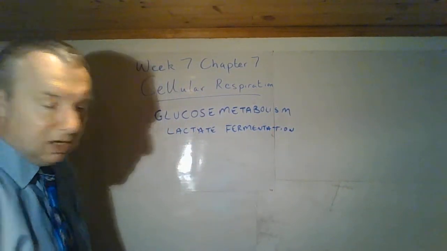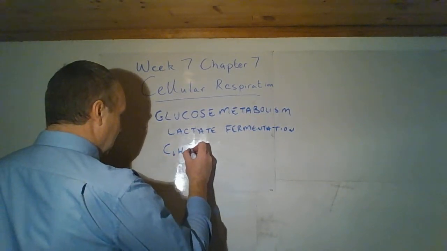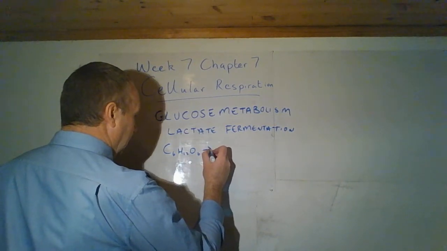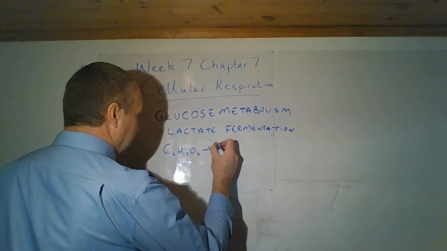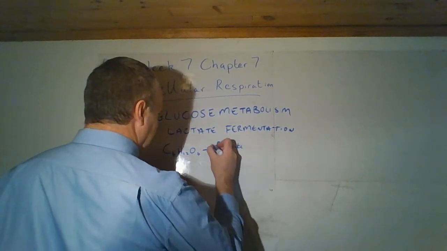And so again, we start off with our C6H12O6 glucose, and we get our pyruvate, which is we get 2 pyruvates.